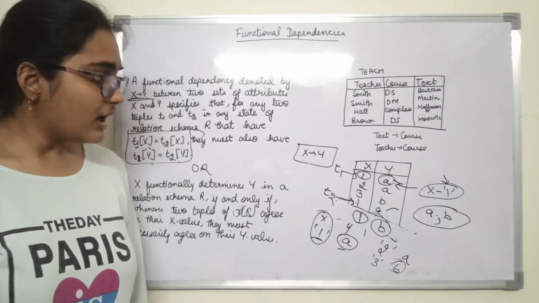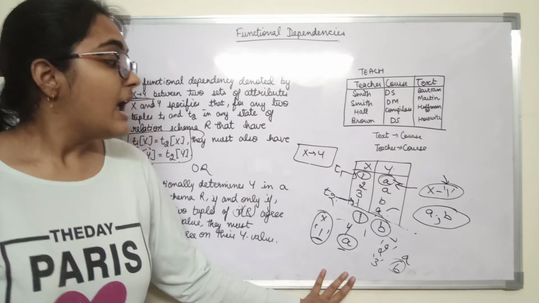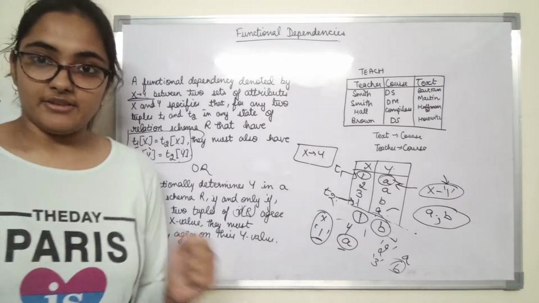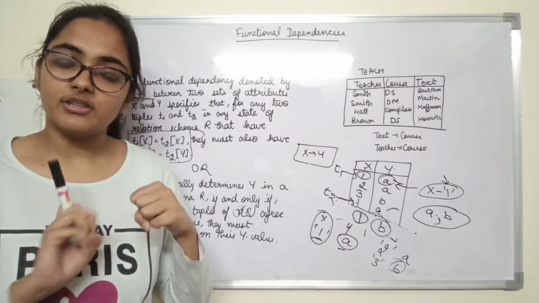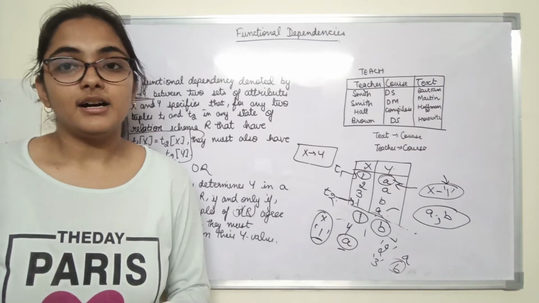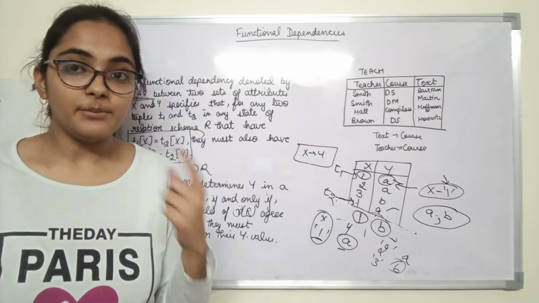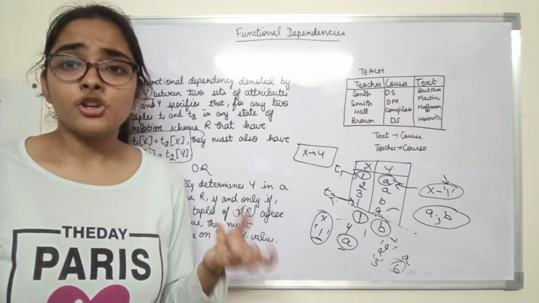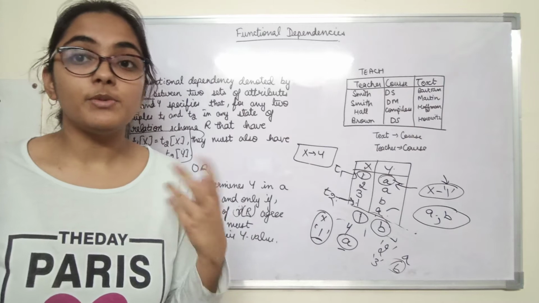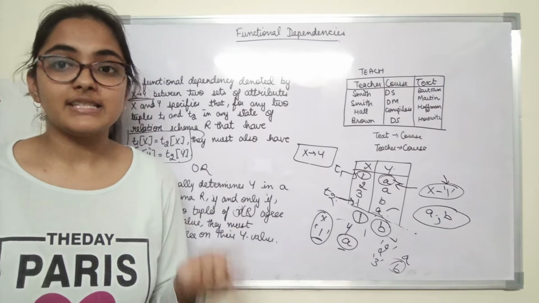So that is about it. And let us say a constraint on the relation schema states that the value of x cannot repeat for more than one tuple, that is, there cannot be more than one tuple in the relation schema with the same x value.